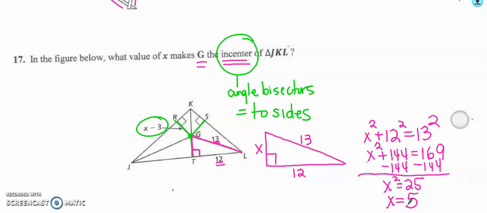So, 5, though, is not the answer because that is the measurement of all these lengths. So we set x minus 3 equal to 5, and we're going to get 8 for your answer. I hope this is clicking, making sense. You might have to watch it again.